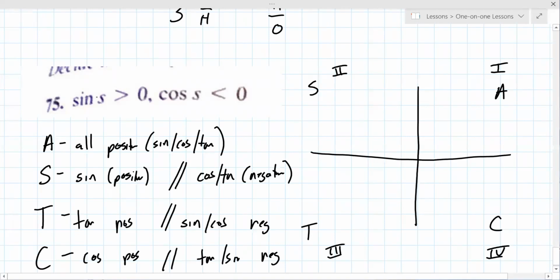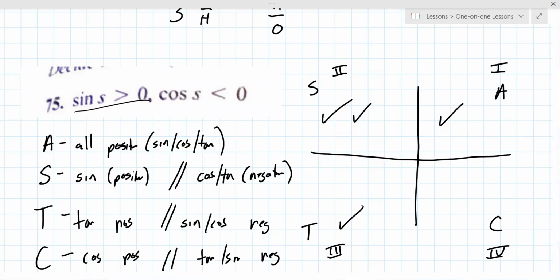So, where is sine positive? Because that's what this first thing says. It says that sine is positive. It's positive here and here. Where's cosine negative? Cosine is negative here and here. So it has to be quadrant 2. These check marks help you to figure that out.